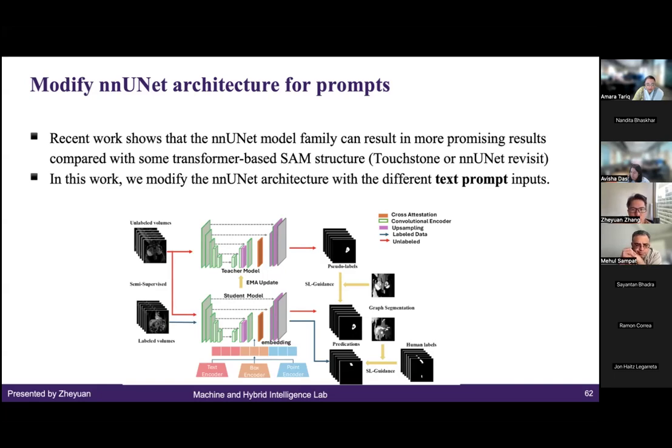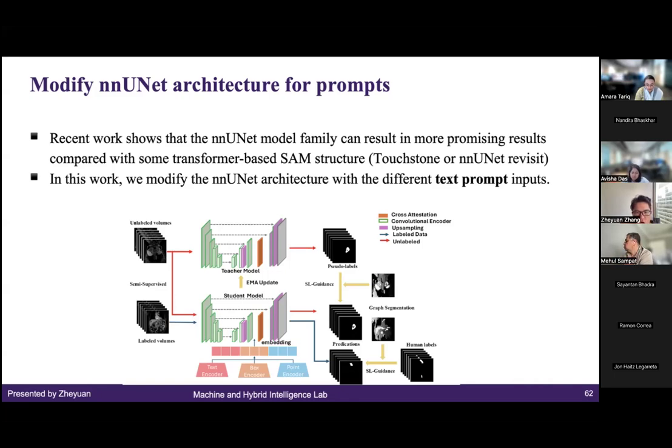Here, rather than using a framework based on transformer structures, we use nnUNet structures. The reason is that recent research like Touchstone and the nnUNet revisited have validated that, compared with transformer structures, the nnUNet-based training framework can achieve even better performance in fair comparison scenarios.